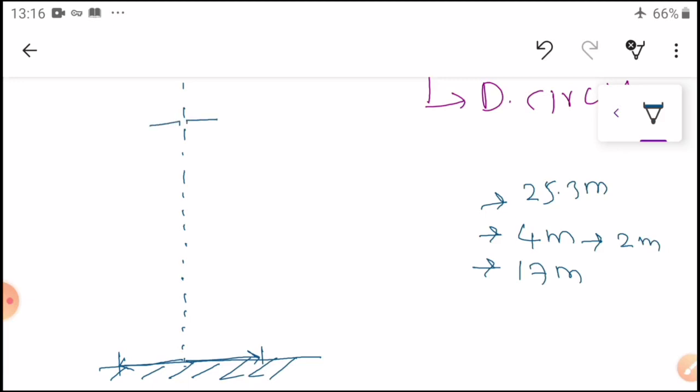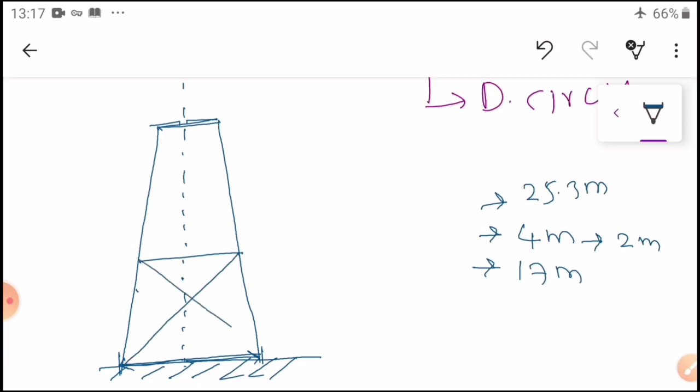Take the appropriate length based on your sheet adjustment, and draw a line here, draw another line here. I have taken the 2 meters total length, and 4 meters here. Appropriately, you take the mechanical strength as per your convenience. I have taken one structure here, and another structure here.